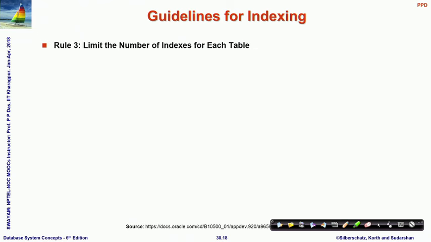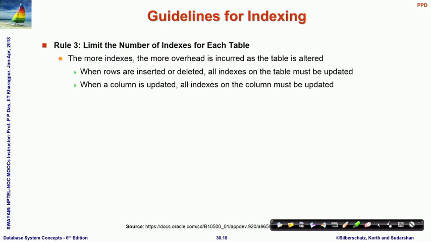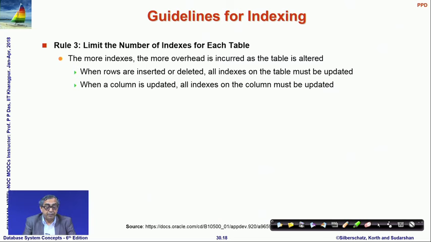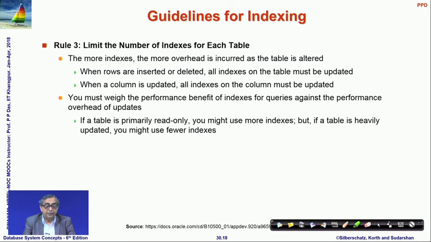Then rule 3, limit the number of indexes for each table. The more the indexes, the more the overhead. We have already seen this as a part of rule 2, rule 0 as well. When rows are inserted or deleted, indexes of the table must be updated. When columns are updated, all indexes on the column must be updated. So, there is a lot of cost. So, have as limited a number of indexes as will serve your purpose.